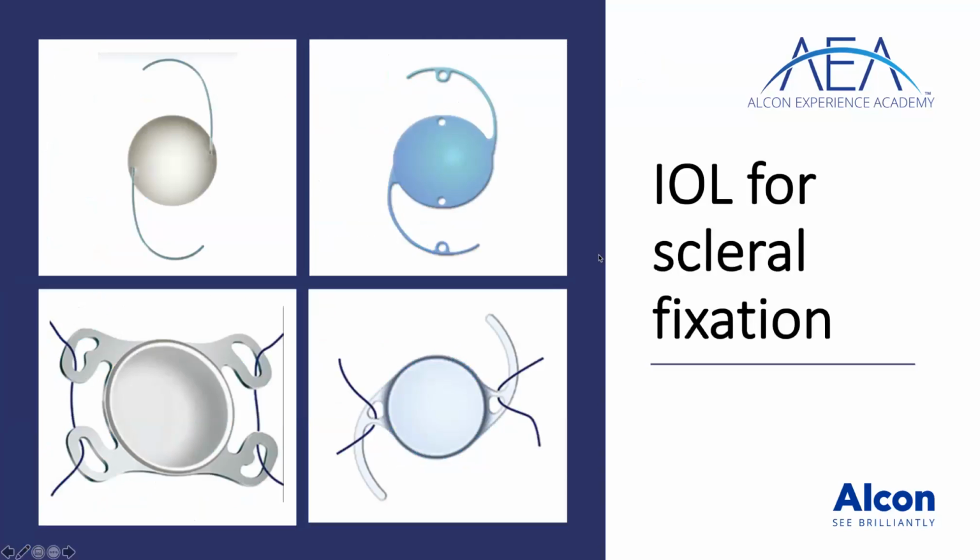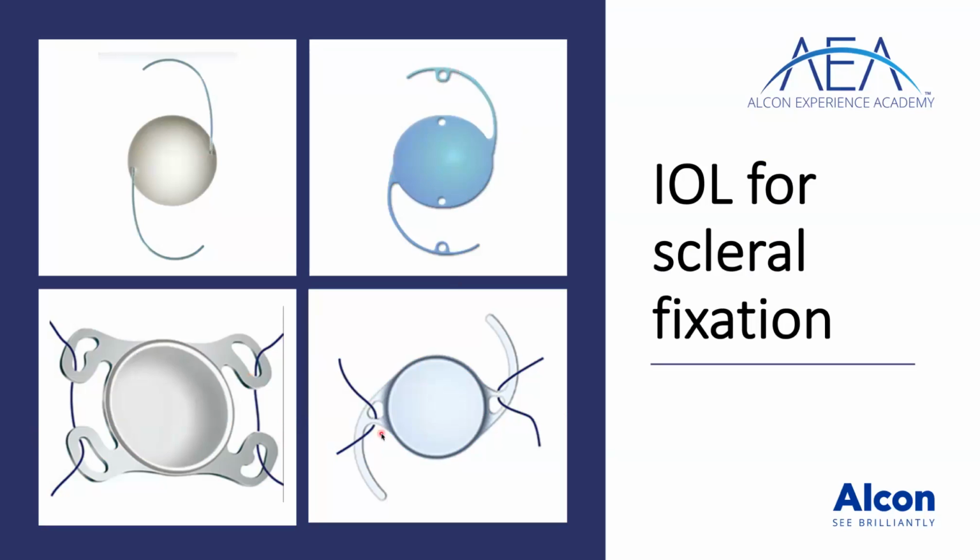The second technique is the scleral fixated IOL. Now, there are plenty of different types of IOLs. Some are very simple, standard three-piece lenses. Some of them have holes to be anchored straight to the sclera. Some of them have different shapes. It doesn't particularly matter.